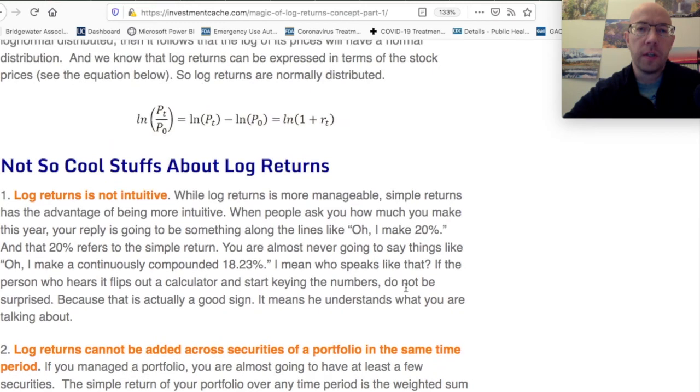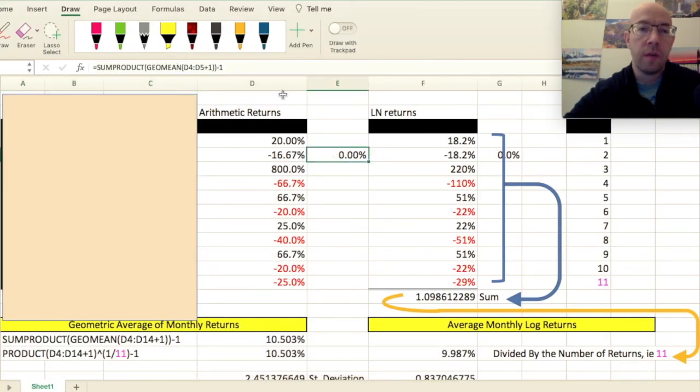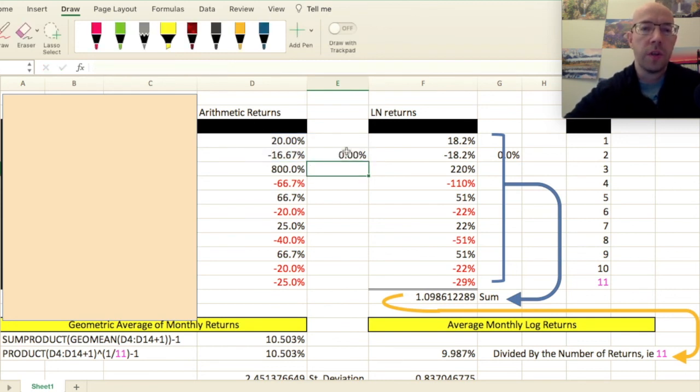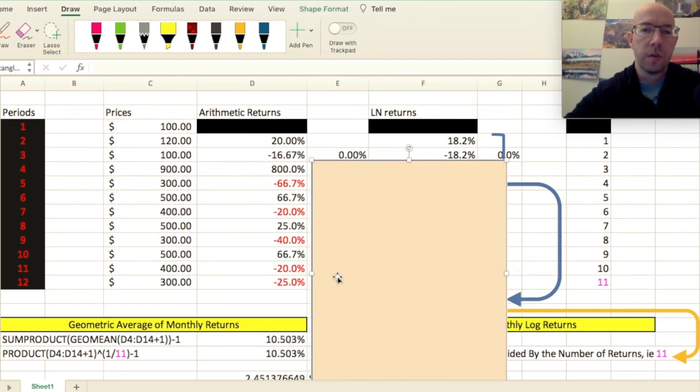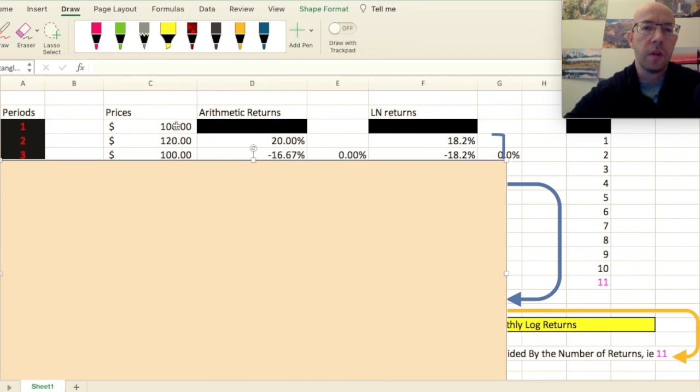Anyways, that was probably too long of a video, but the thing I really wanted you guys to know about, and that was very helpful for me, is if we use this sum product function with arithmetic returns, it will not give us the wrong average return. It will give us 0, just as we know intuitively. $100 up to $120, down to $100 is a 0% return.